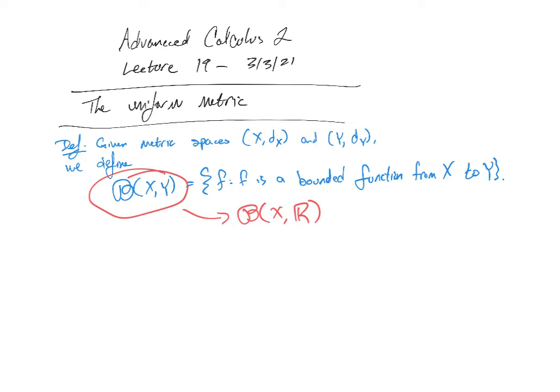This guy, the set of bounded functions from some metric space X into the reals, that's a vector space. It's a vector space just because it satisfies the vector space axioms. You can add two bounded functions together, you'll get another bounded function. You can multiply them by scalars.